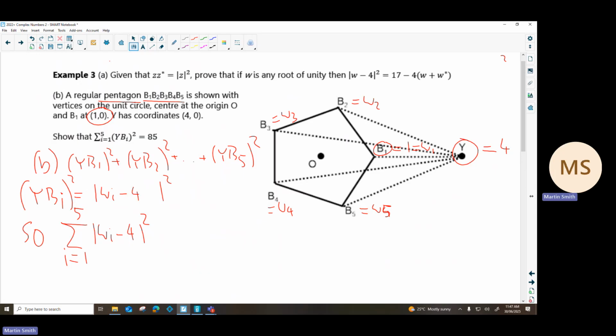So I've got this expression involving the squares of distances on this diagram. I've rewritten it in a way that I can try to use the previous parts. And we also know that the Wi, so W1 up to W5, are the fifth roots of unity.